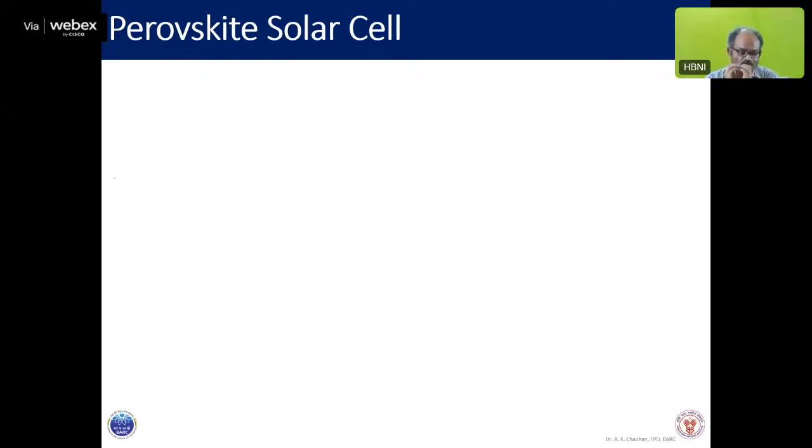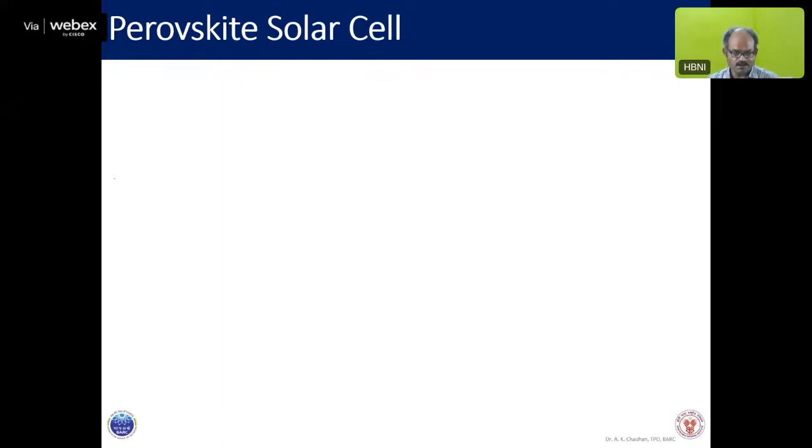In all these solar cells, the first thing is that the radiation falling on them has to be absorbed. Once it is absorbed, a separated electron hole pair has to be generated. Then those electron hole pairs should be extracted and brought out to the external circuit so that the current can flow.